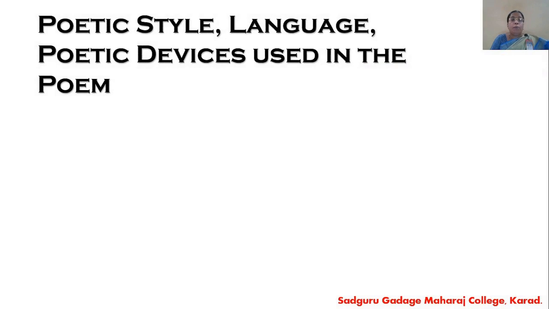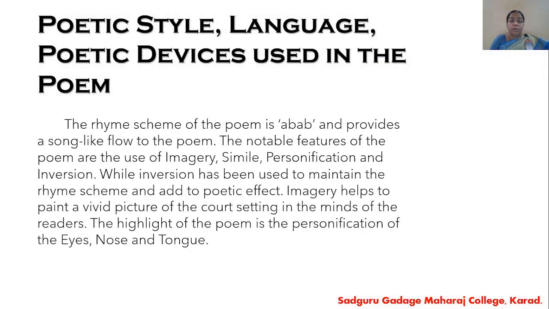Next point, poetic style, language, poetic devices used in the poem. The rhyme scheme of the poem is AB and provides a song-like flow to the poem. The notable features of the poem are the use of imagery, simile, personification and inversion.